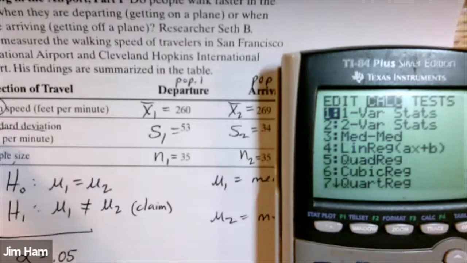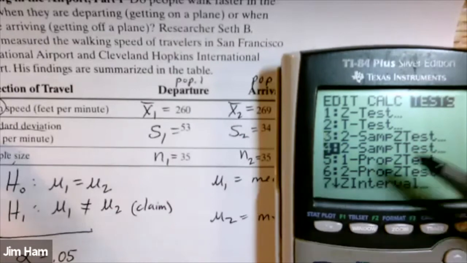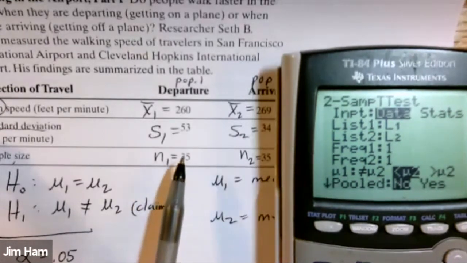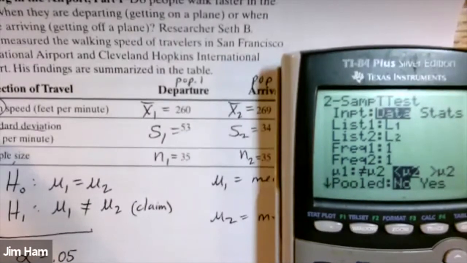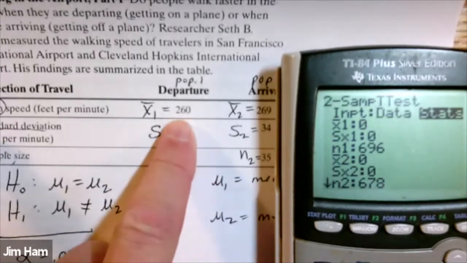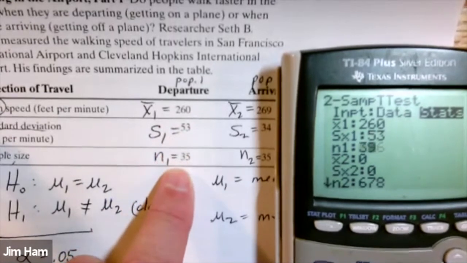All right, so we go over to test and then down, notice number 3 and 4 look very close. And we want to do a t-test. All right, I don't have the raw data. Of these 35 individuals, I don't have their individual speeds. I just have the summary statistics. So I have to select Stats and hit enter. And then I'm going to enter in these 6 numbers: 260, 53, and 35.